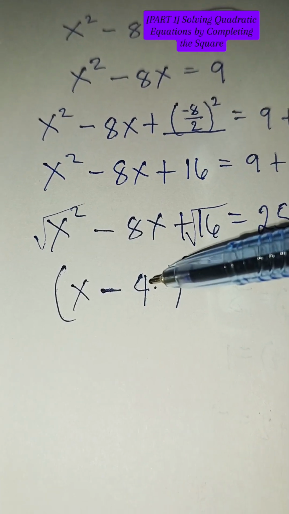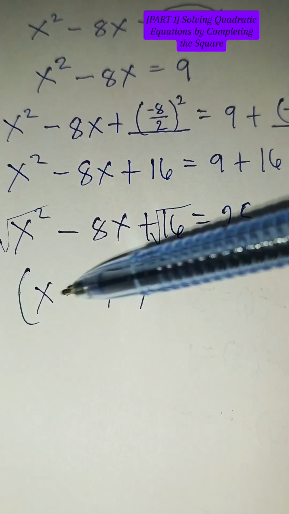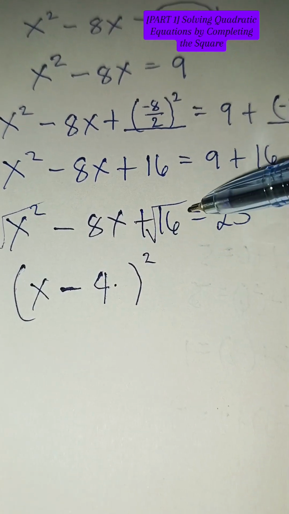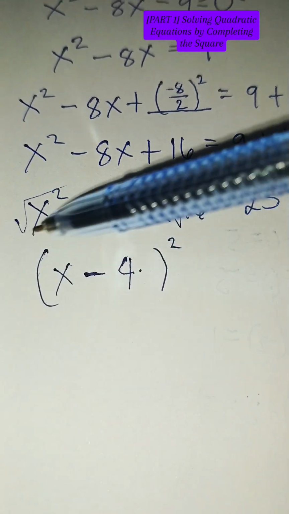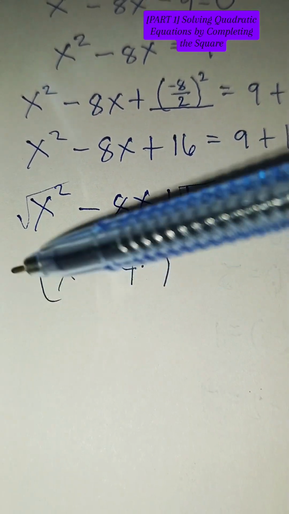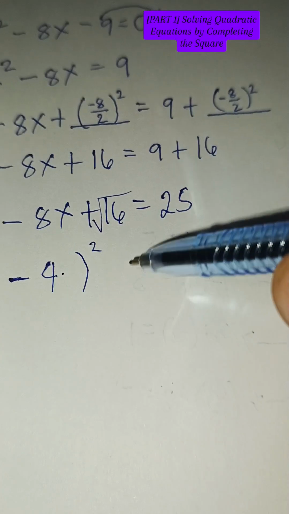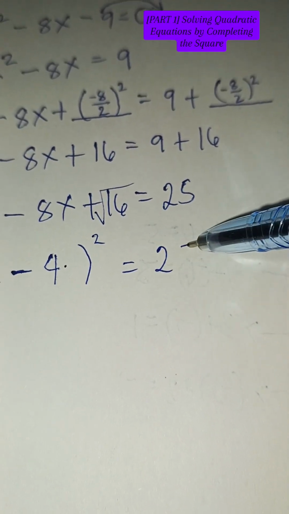So x times negative 4 is negative 4x, times 2 is negative 8x. Then negative 4 squared is positive 16. So the formation from perfect square trinomial to the square of a difference is correct. So that equals 25.